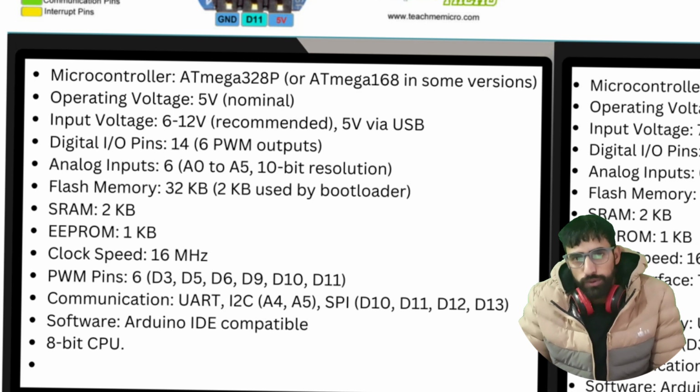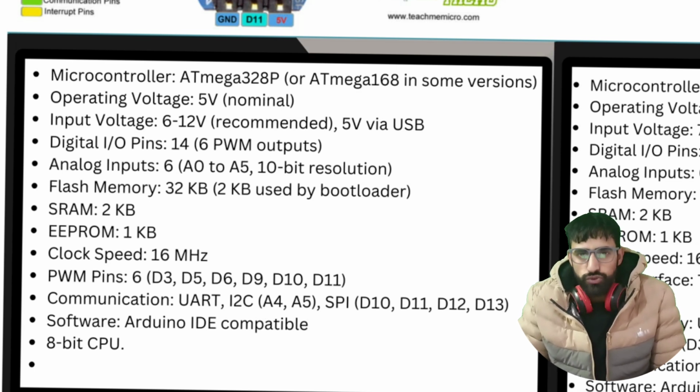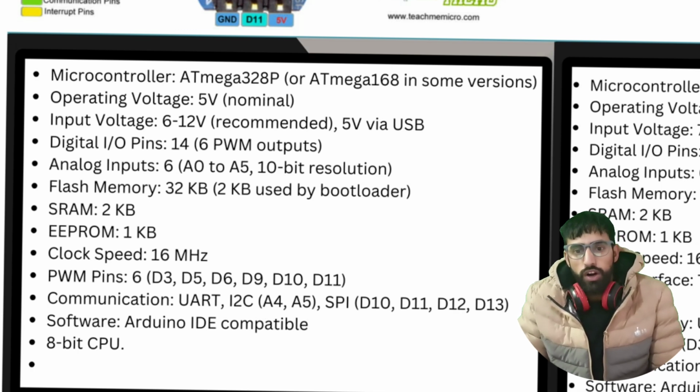It supports all of the communication protocols like UART, I2C and SPI, and for SPI you can use D10, D11, D12 and D13 pins. It is compatible with the Arduino IDE and its CPU is 8-bit, that means it can process 8 bits at a time. So that's all about the Arduino Nano.